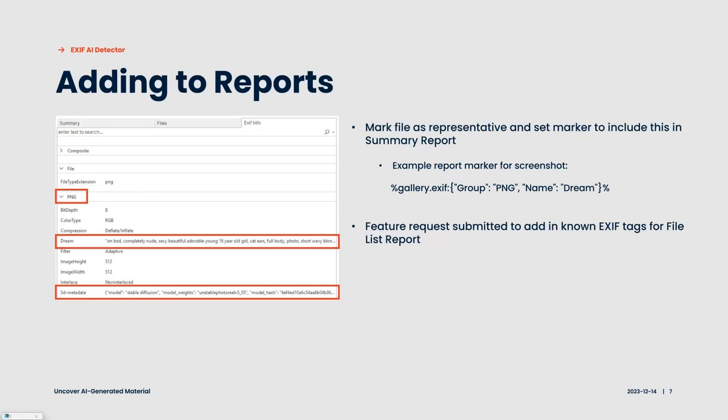I have submitted a feature request to the dev team to add in known or possible Exif tags that may be relevant to this type of AI generated Exif values so that they can easily be included in the fileless HTML report.